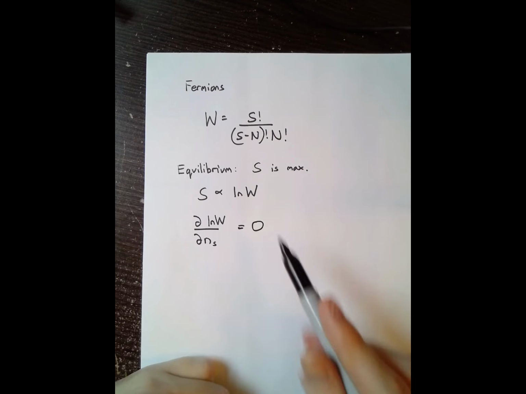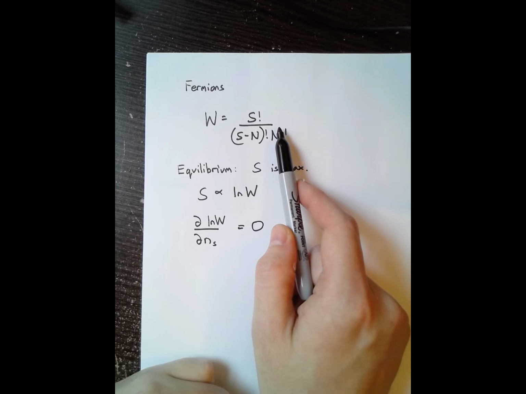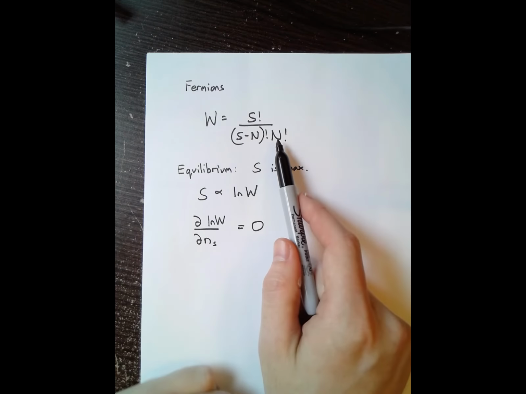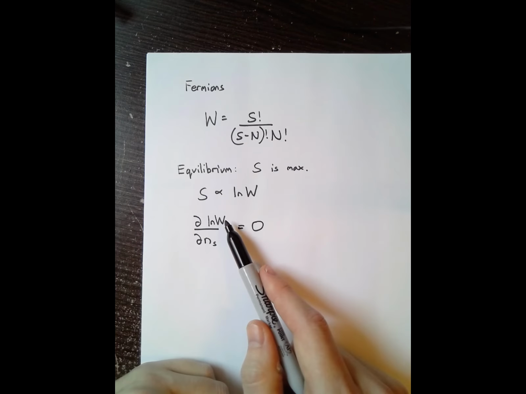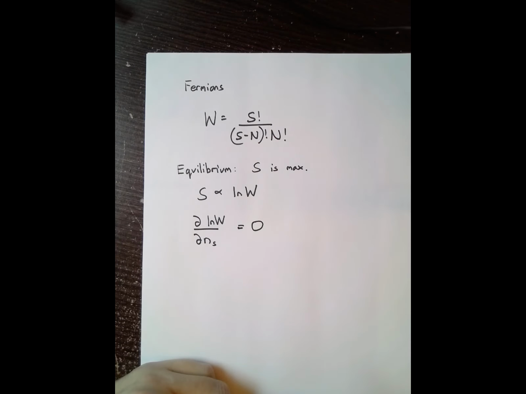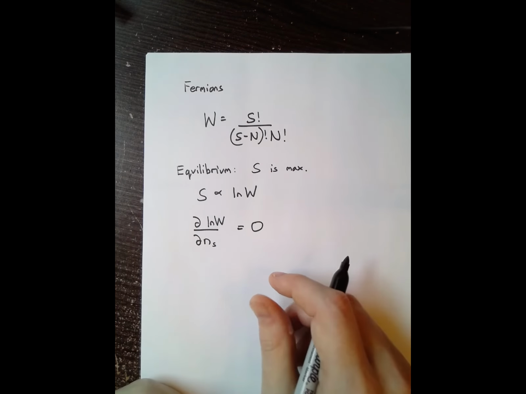You can take the logarithm of this, and then use Stirling's approximation to simplify it, and then take this derivative. That would get you the equilibrium distribution function in the microcanonical ensemble.